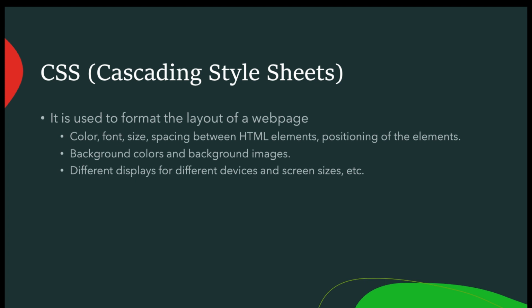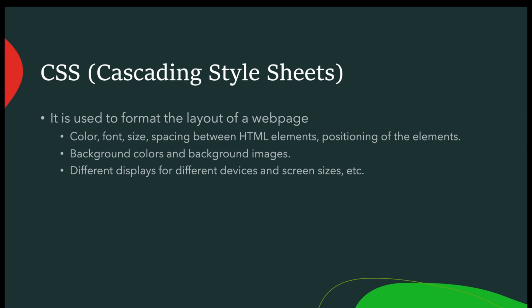We said that if you want to make your HTML web page look prettier, then this is when you use CSS. You can use that to, as you can see here, control the color, font size, spacing between different HTML elements, and positioning of the elements, as well as changing the background colors and the background images.